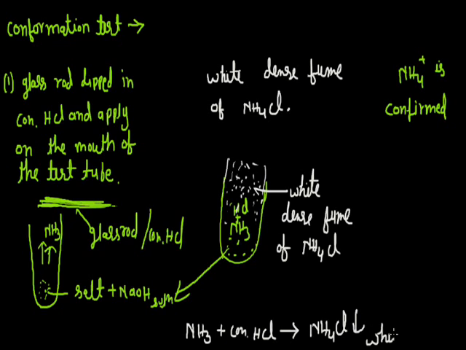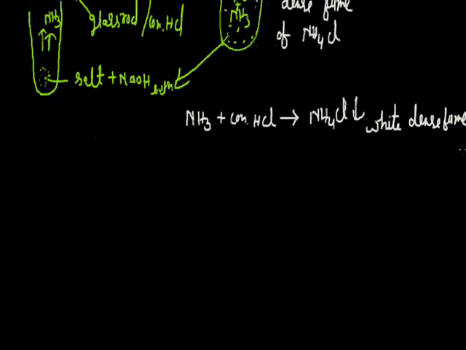So the white dense fume confirms the ammonium radical. Now we apply the second confirmation test for ammonium, that is by using Nessler's reagent.